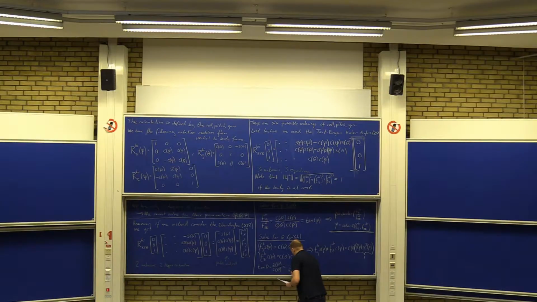So you have fyb sine phi plus fzb cosine of phi. Right. And if you now take that into account, you can rewrite it as minus fxb and then the square root of fyb, like that.